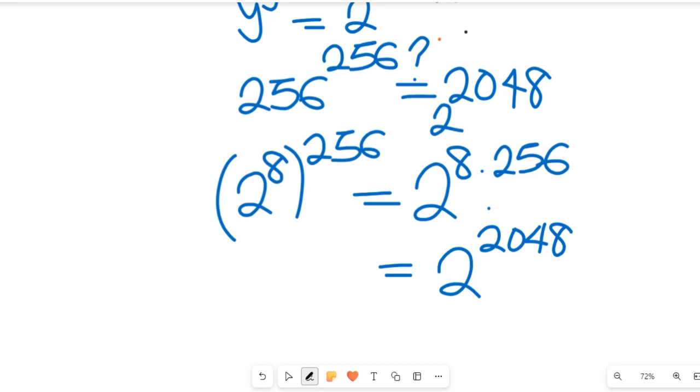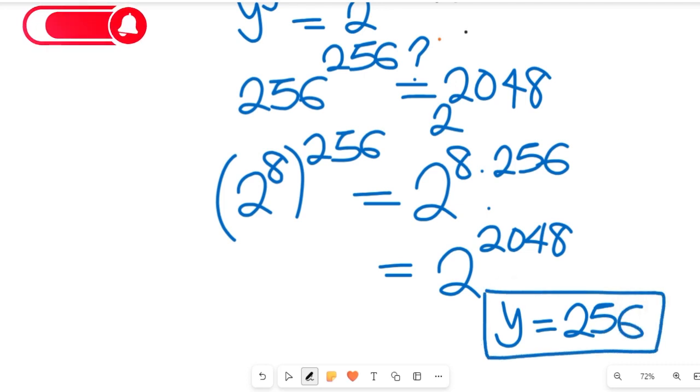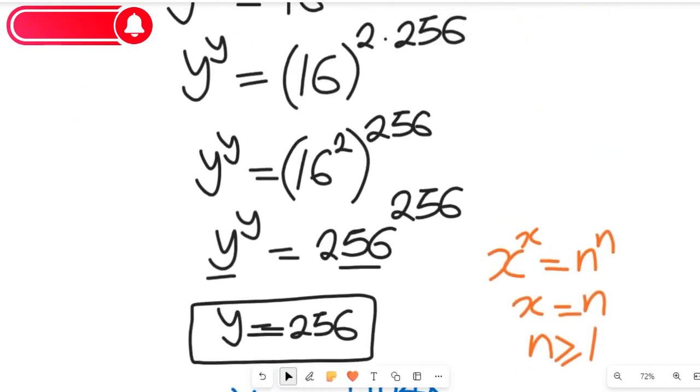So we see that the value of y, which is equal to 256, simply satisfies that tricky exponential equation we have up there.